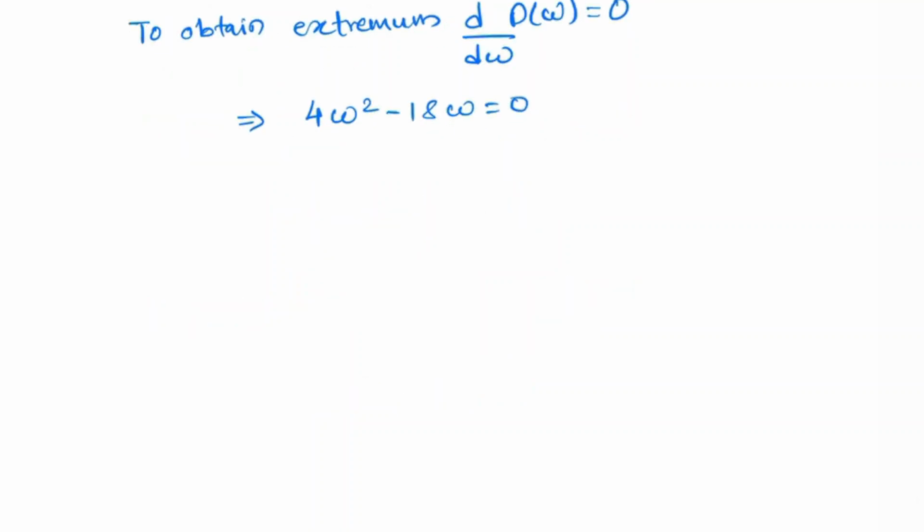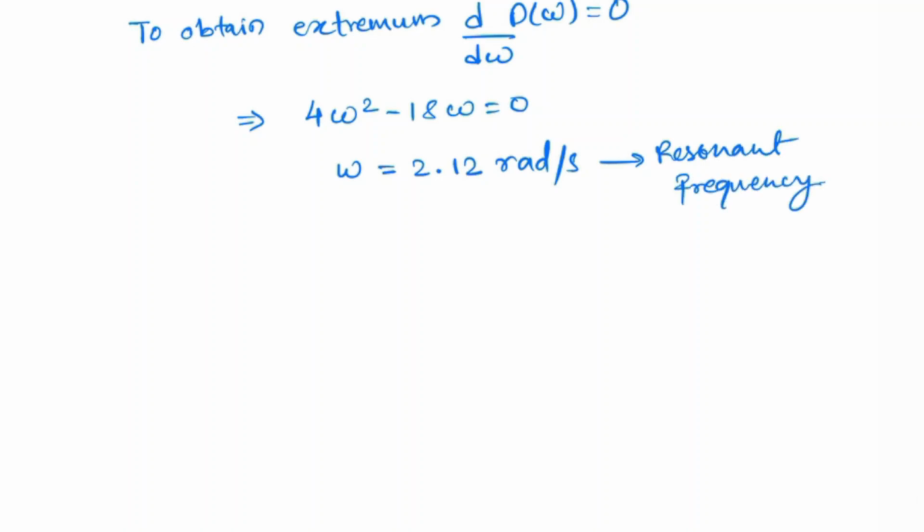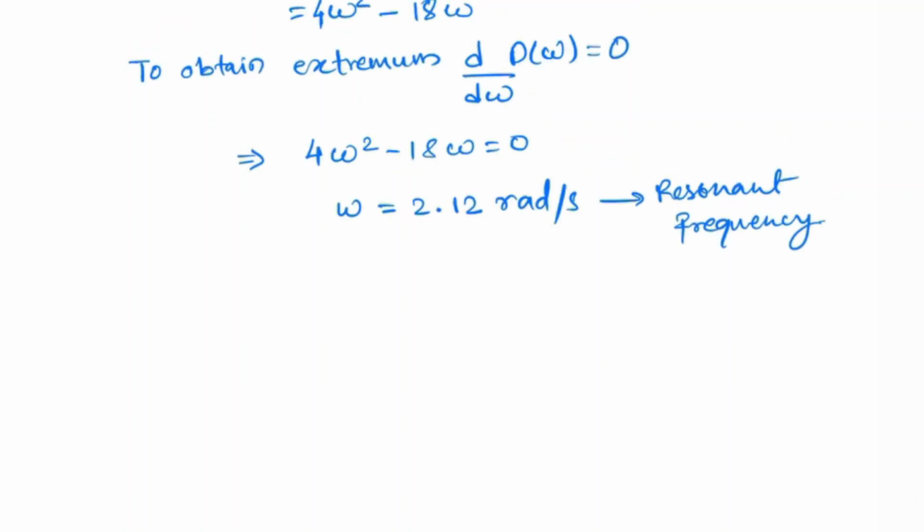This implies 4 omega square minus 18 omega to be 0. So we'll get one solution as omega equals 0, and the other one, which we are more interested in, is omega equals 2.12 radian per second. So this is the resonant frequency.